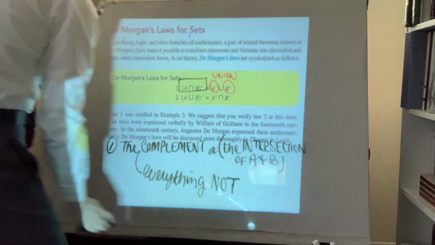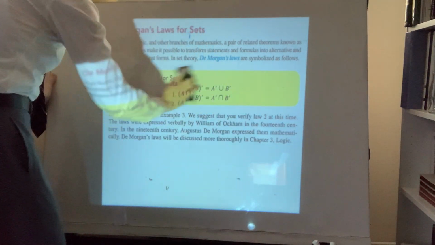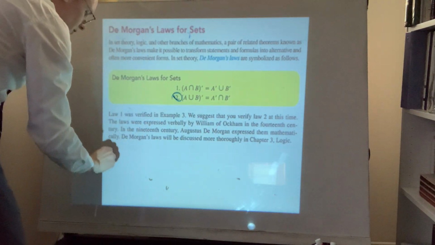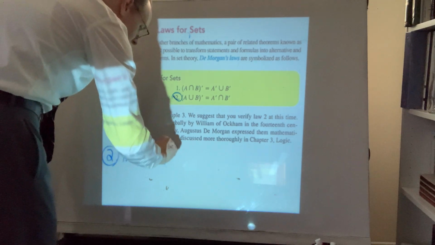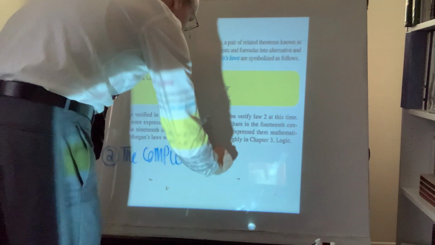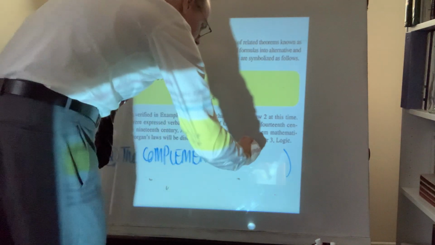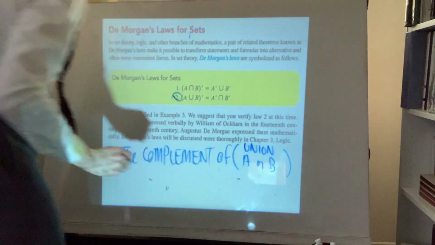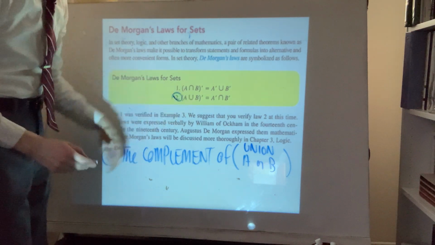Because I'm short on space, let me erase this now. When you're looking at the second law, notice again the apostrophe: the complement of the union of A, B. And again, what does that mean?